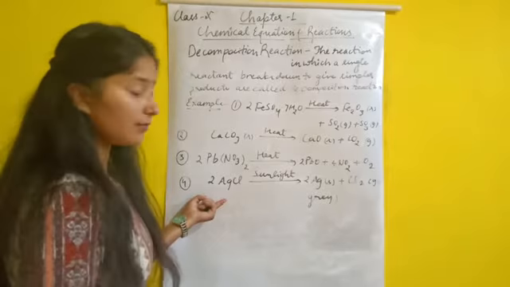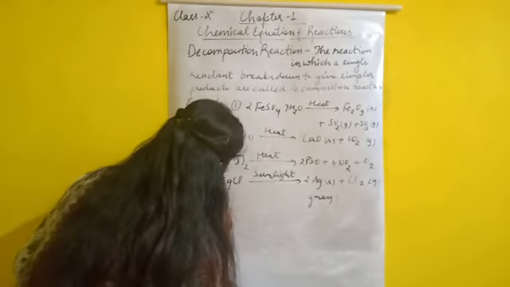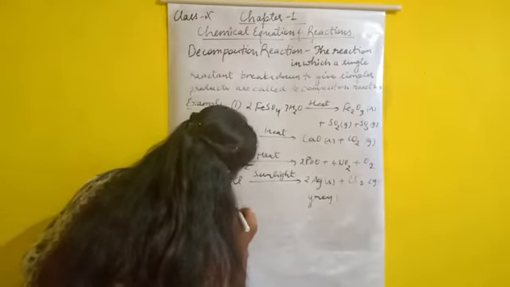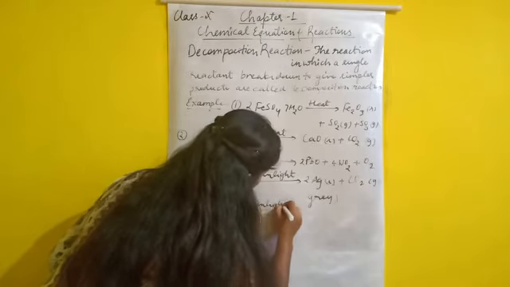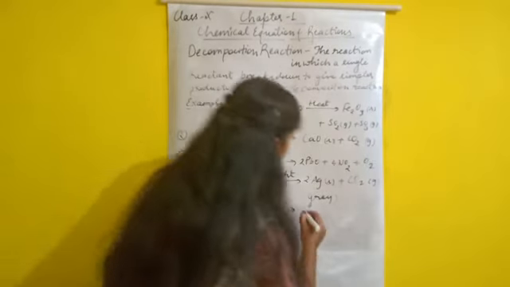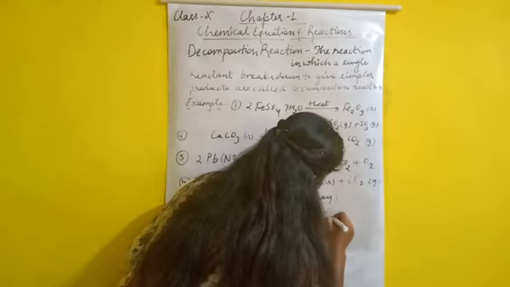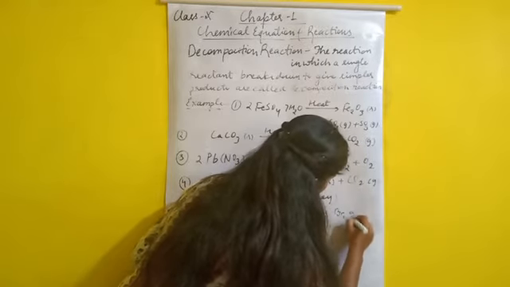In a similar manner, silver bromide also decomposes in the presence of sunlight into silver and bromine gas.